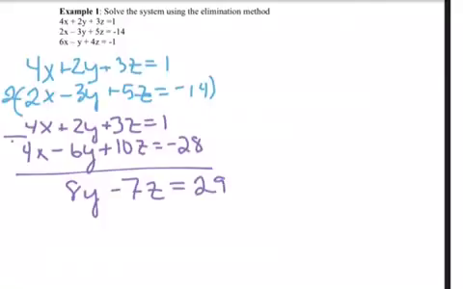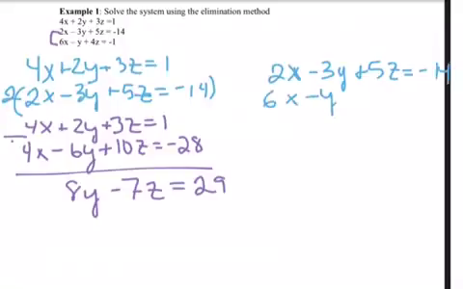So I'm going to do this again, but with the second and third equations. So I'm going to rewrite those. 2x minus 3y plus 5z equals negative 14. And 6x minus y plus 4z equals negative 1.